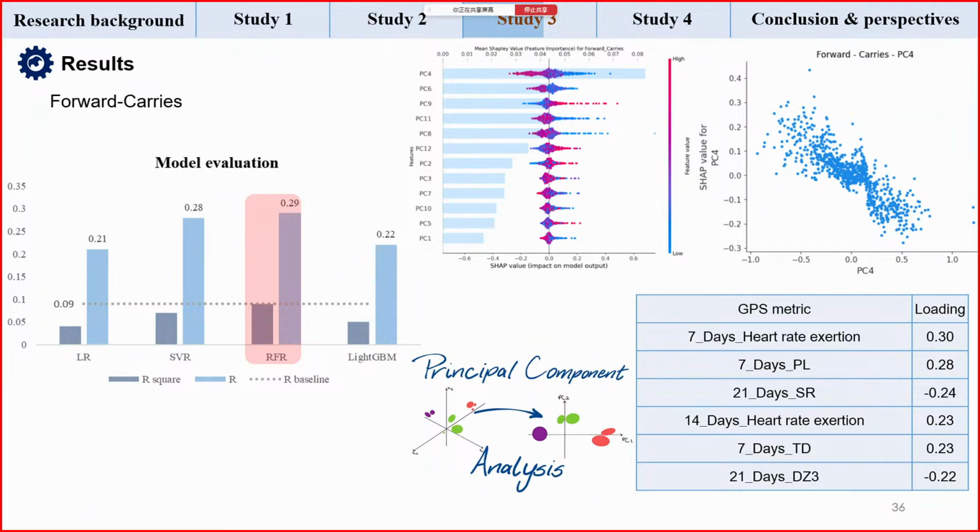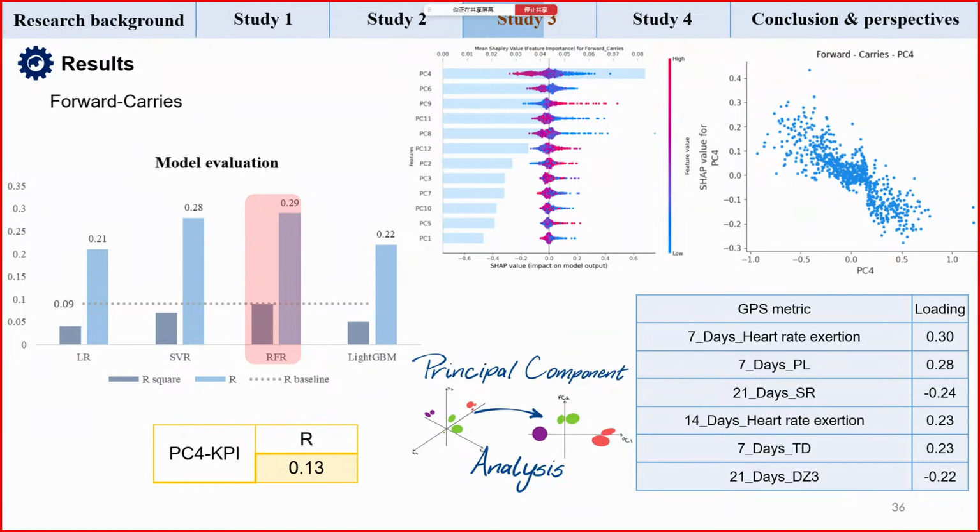This means that they need to decrease the 7-day heart rate exertion, 7-day player load, and 21-day sprint running during training. And when we performed the correlation analysis between principal components and the KPI, the highest R value was 0.13, which was lower than the results from machine learning.